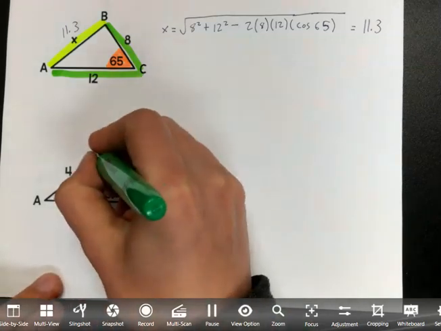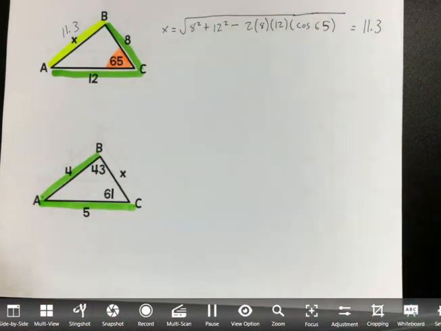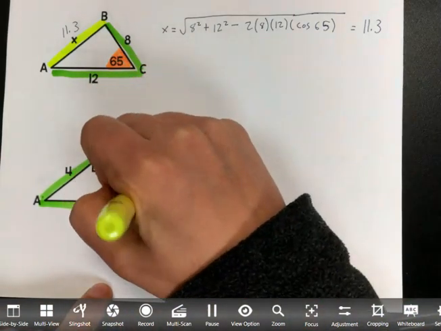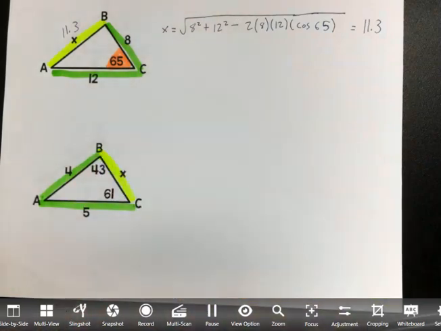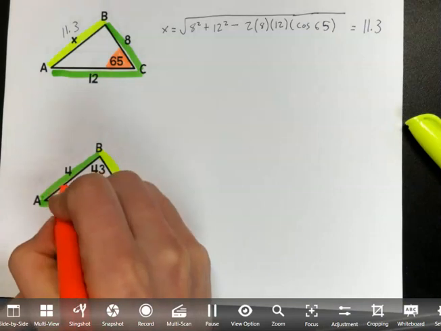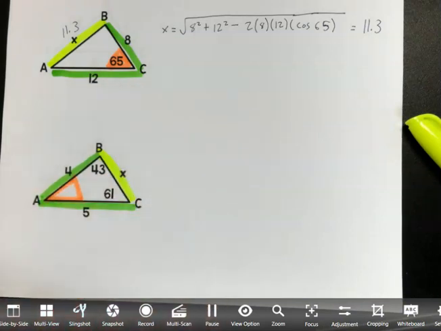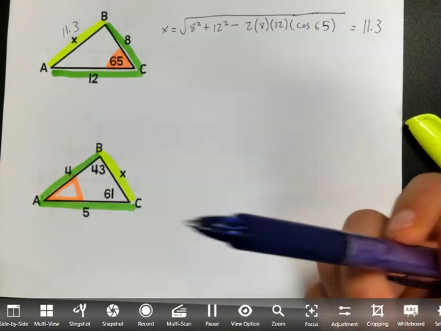This time, our two filled in sides are right here. The side we're solving for, our x, is right here. And the problem is our included angle between these two sides, there's nothing there. So technically, in this particular case, we could have used law of sines, right?